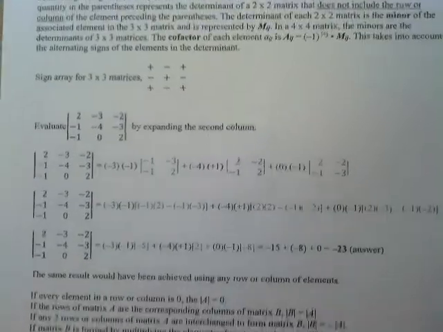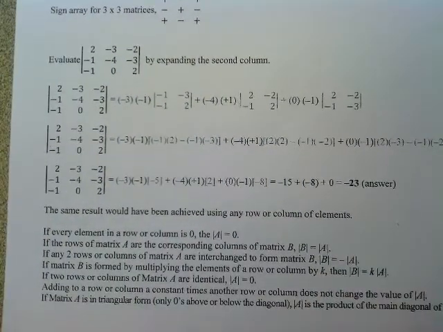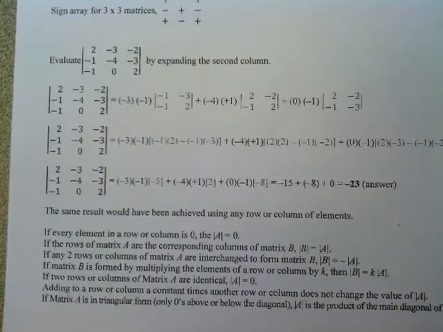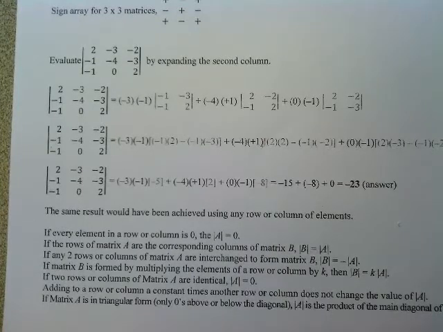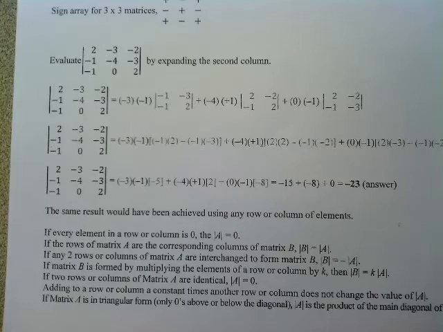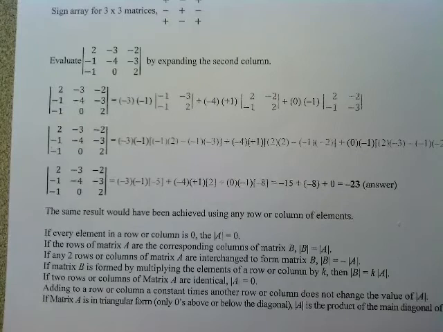Now, a couple things to note. The same result would have been achieved using any row or column of elements. So it doesn't matter where you do it. If every element in a row or column is 0, then the determinant's value is 0. If the rows of a matrix A are the corresponding columns of matrix B, then the two determinants will be equal.